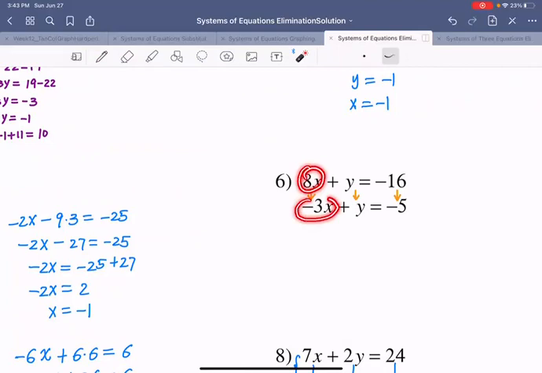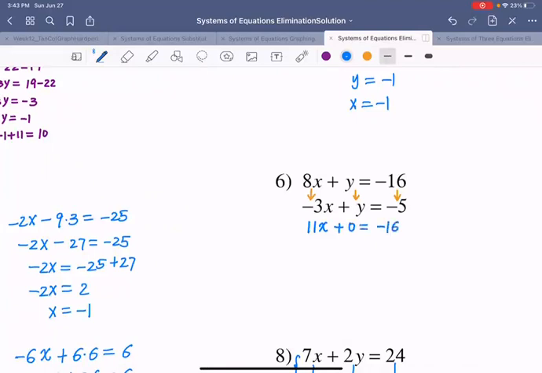8x minus negative 3x, how much? 11x. Good. y minus y? 0. So plus 0 equals? Don't rush.